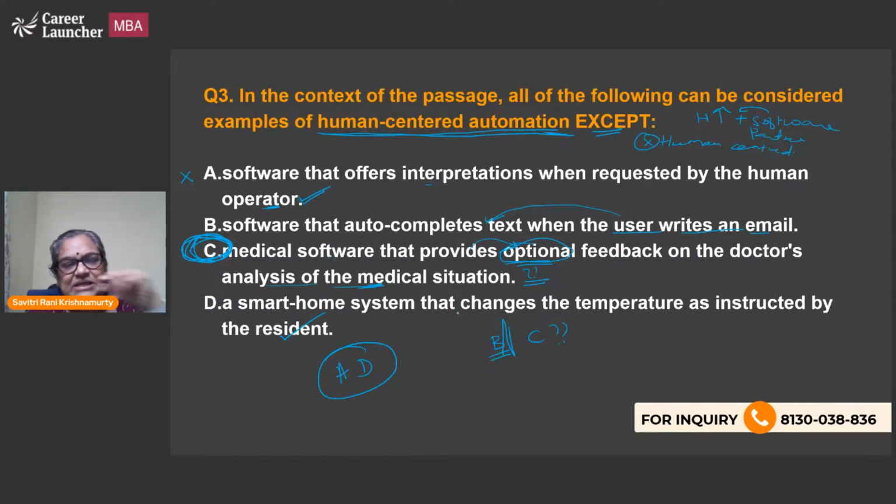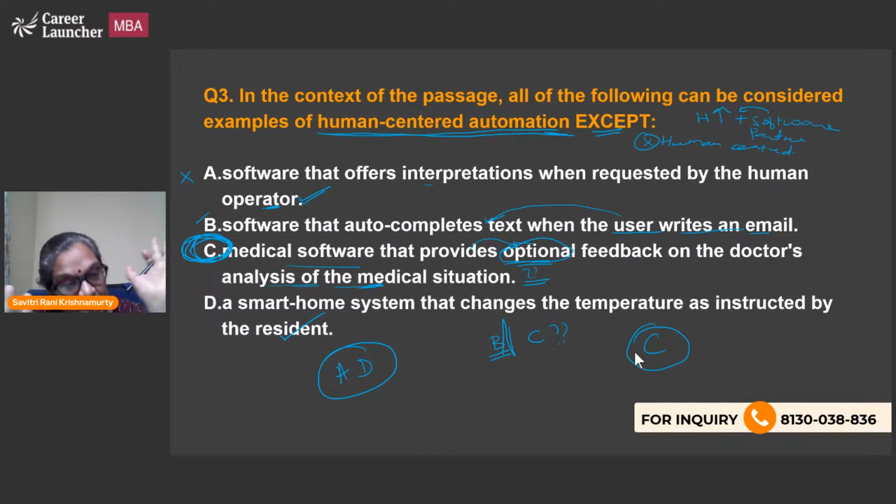Between B and C, you are writing an email and it is auto completing based on what you're writing. So here the human element is there. But here in C, the optional part is, remember, I want the software's analysis, then I'll take it. So here the doctor is not getting priority.